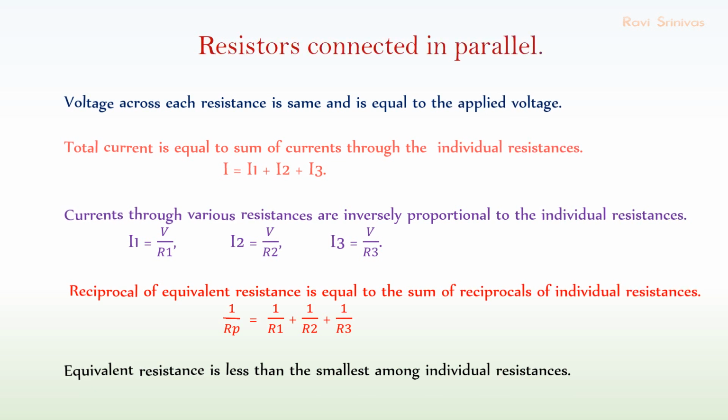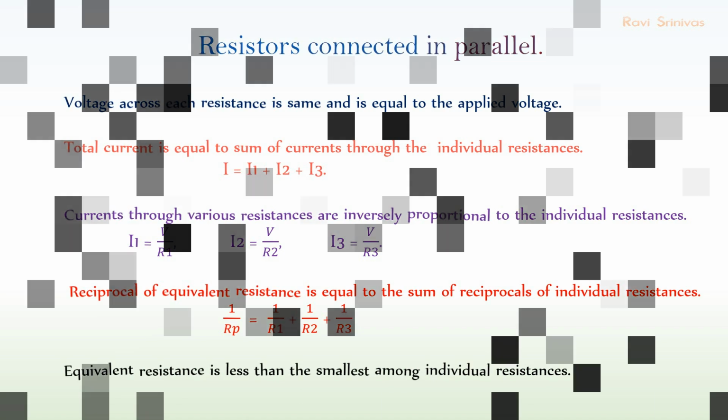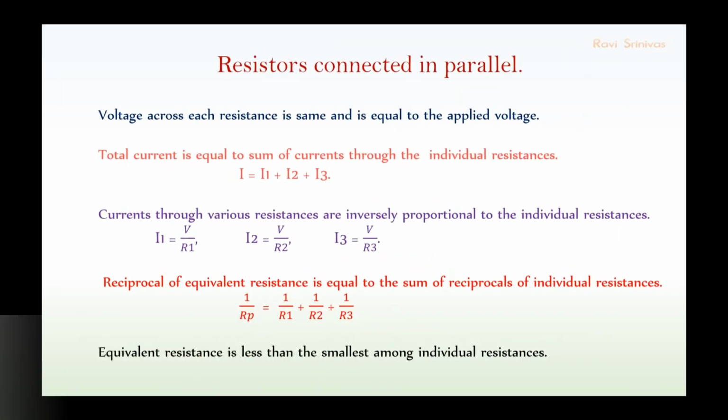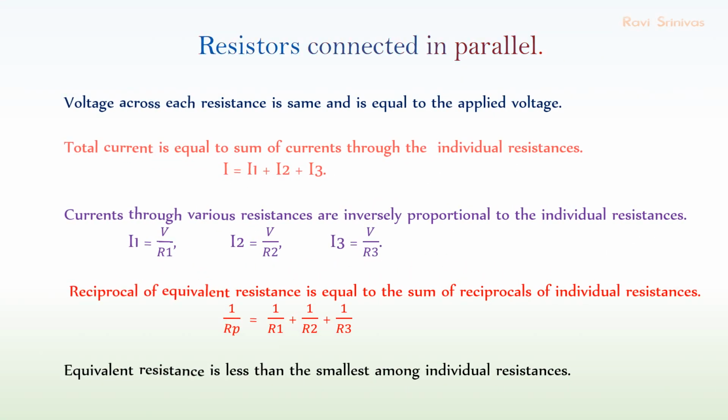Voltage across each resistance is same and is equal to the applied voltage. Total current I is equal to the sum of currents through the individual resistances. I equal to I1 plus I2 plus I3.